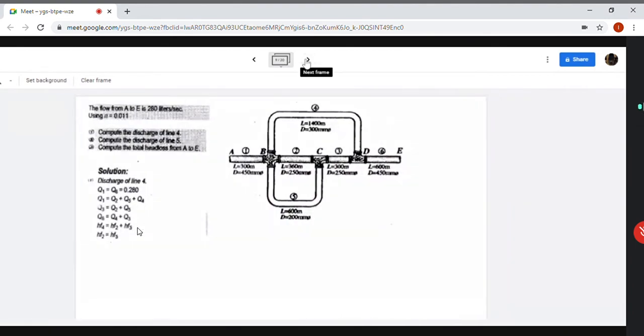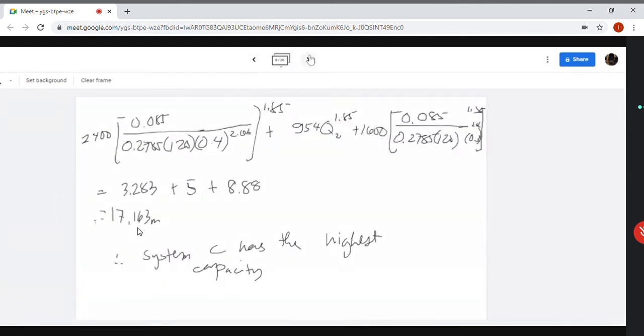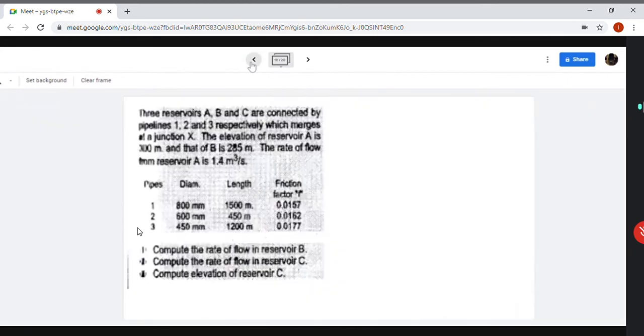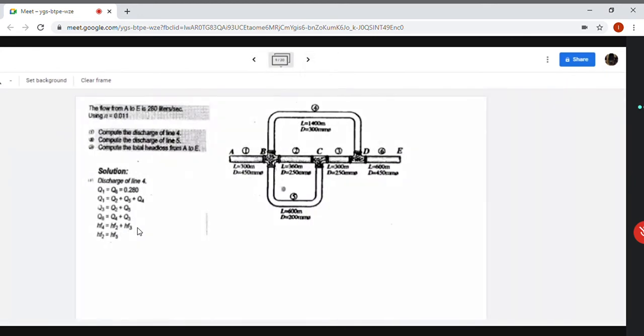Okay, so next is this. The solution is placed here, and these are the equations we need. So we know that the flow from A to E is 280 liters, so that is 0.28 meter cube per second.